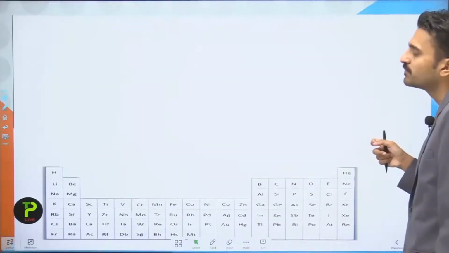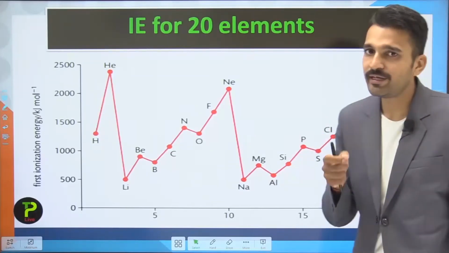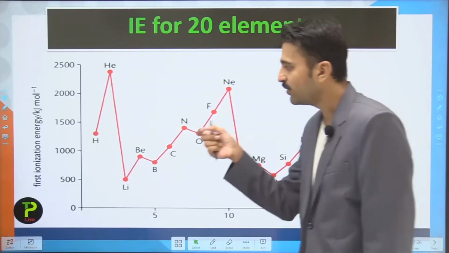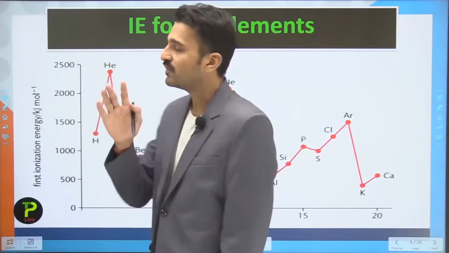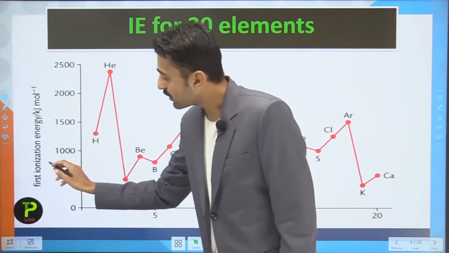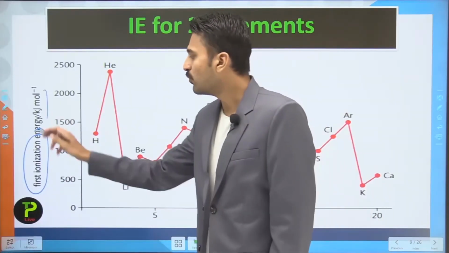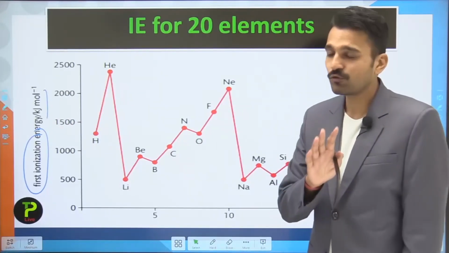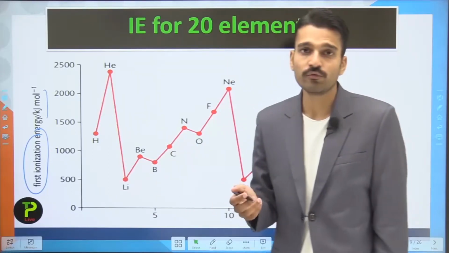So now let us see the ionization energy for 20 elements, or we can say from hydrogen to calcium. This is a graphical representation where you can see these particular red dots. These are representing the first ionization energy in kilojoules per mole. So you can clearly see, students, that the amount of energy required to remove an electron would be much higher.